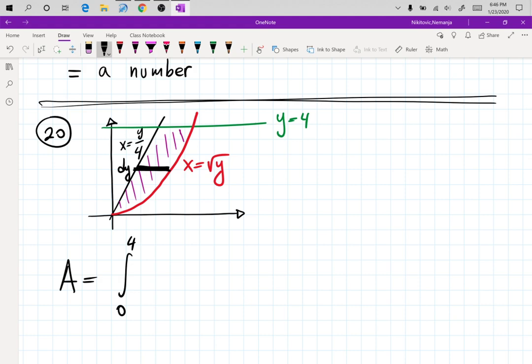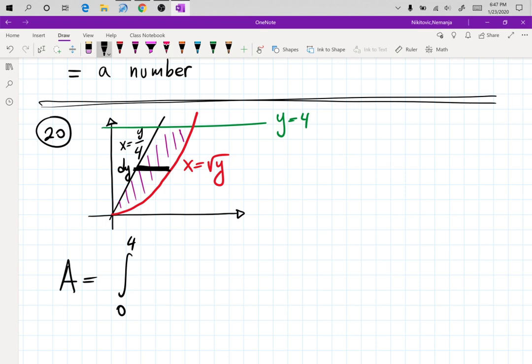For dy integrals, use y limits. For dx integrals, use x limits. Maybe you need to write that down. For dy integrals, use y limits. For dx integrals, use x limits. Since this is a dy integral, I am going to use y limits, therefore 0 to 4.